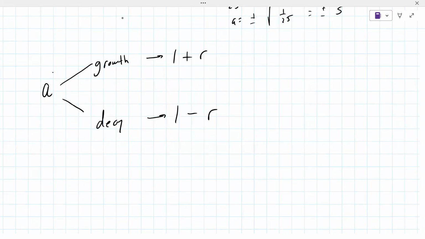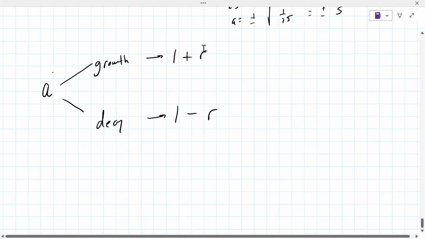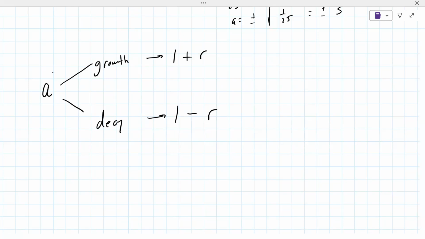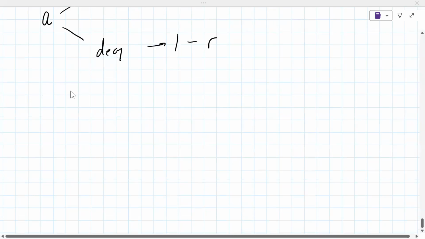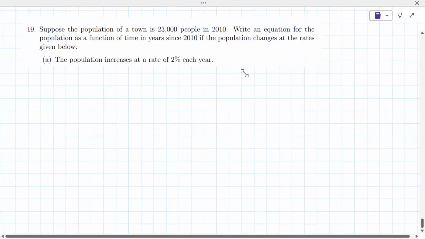So you have to be really careful that you add or subtract depending on the scenario. And you see that in 19. They're giving you all the possibilities. Relative rate. I don't understand C or D, but we may not even get there.